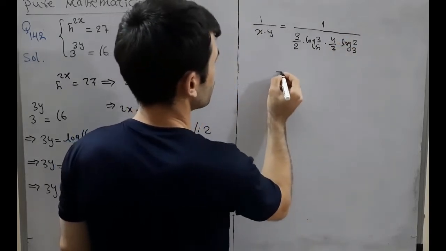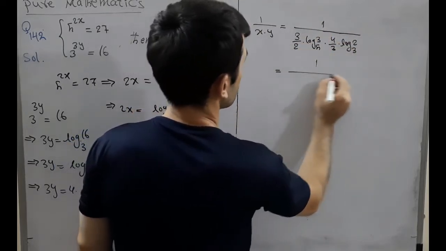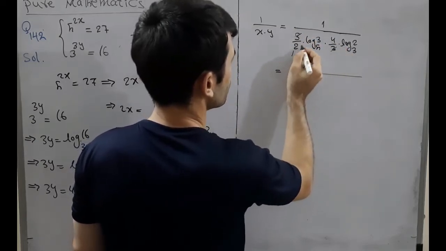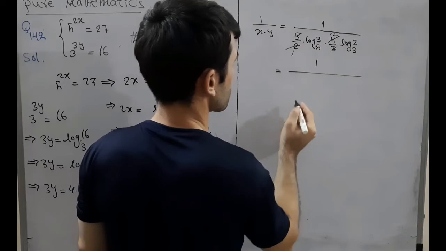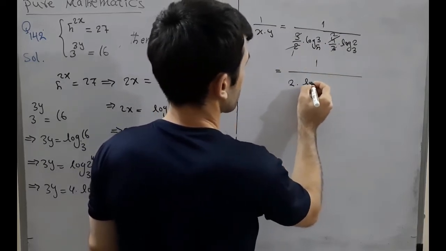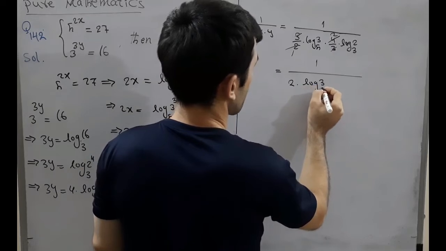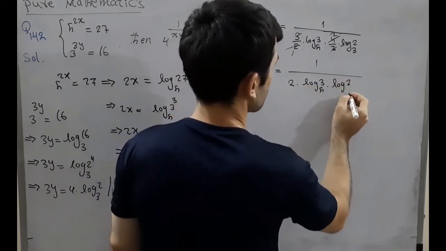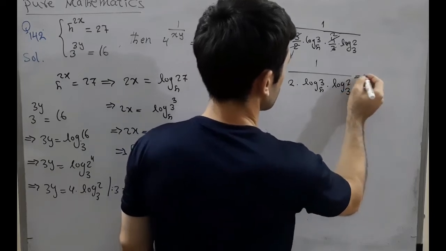It is equal to 1 over, these two cancel, also 2 with 4 cancel. Now we can write 2 into log 3 with the base 5 into log of 2 with the base of 3.